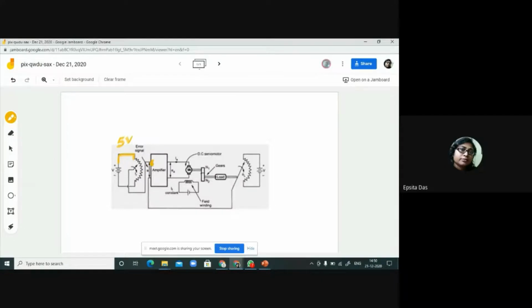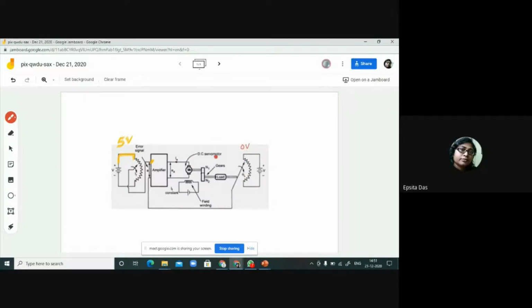At the initial time, I have changed this dial such that the input potentiometer is giving me 5 volt. Now initially the output potentiometer does not have any value. The dial is in a certain position such that you are getting 0 volt from this output potentiometer.